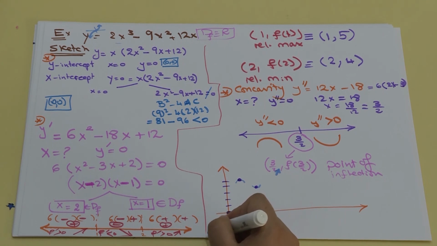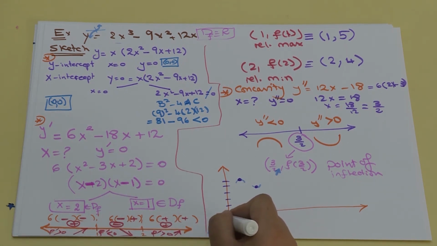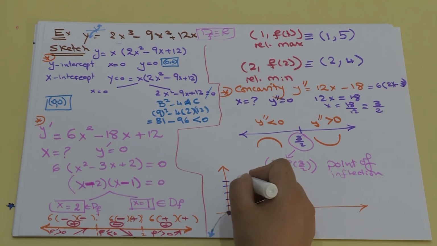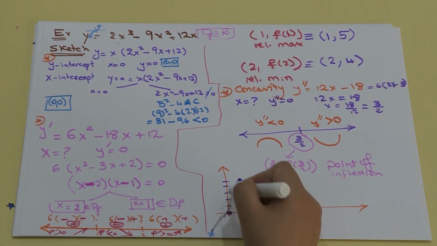The terminal end tells us that to the left of 0, I should go up, because the function is increasing to the left of 0. I keep increasing until I reach 1.